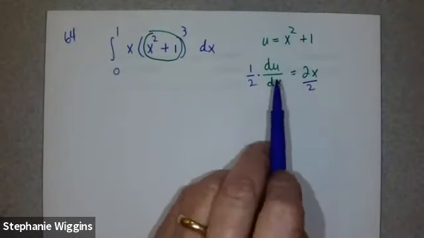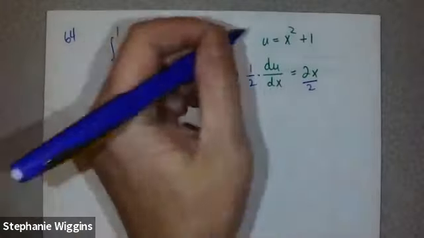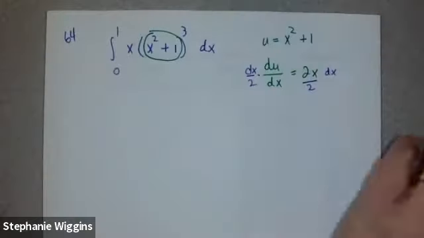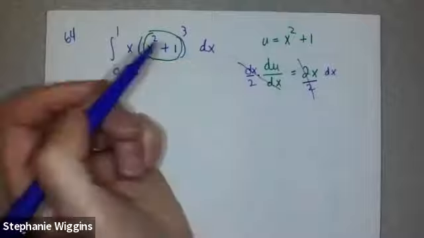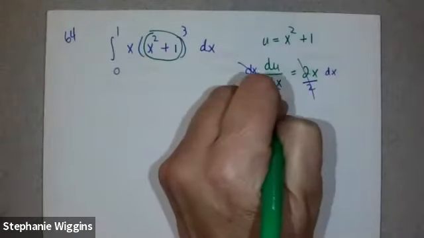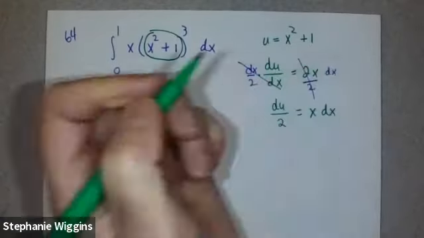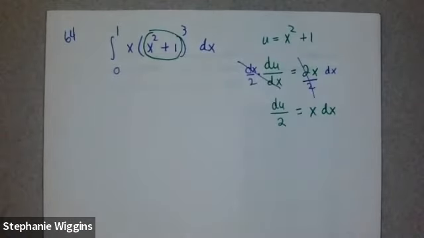And then I want the dx along with my x, so I'm going to multiply both sides by dx. This goes away, this goes away, and so what I have is that du over 2 is x dx.